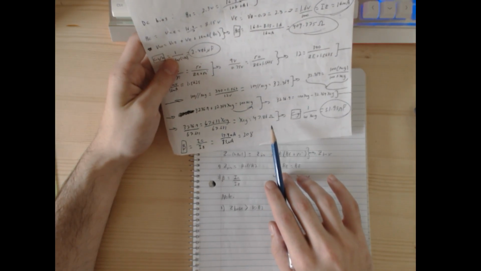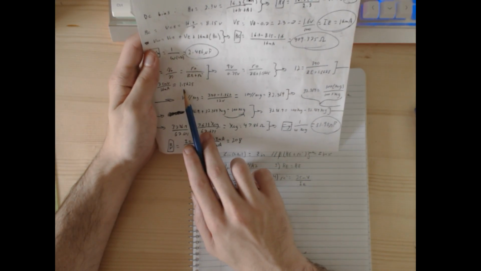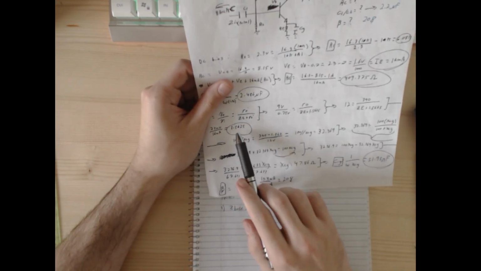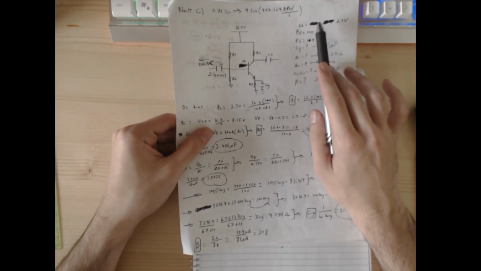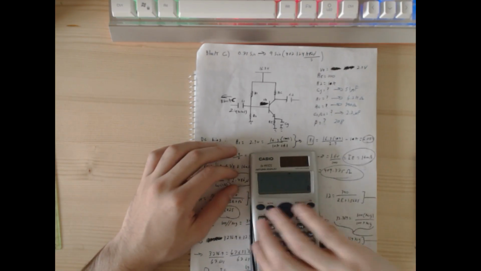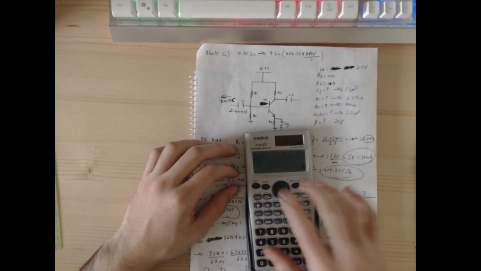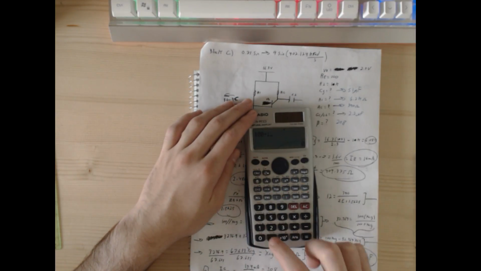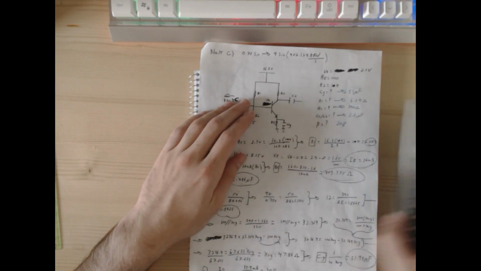My RO, RE prime of 1.625, 0.5625 plus RE at 100 should be, in theory, greater than 10K. So 100 plus 1.5625 multiplied by 208 will give me 21K, which is fine.